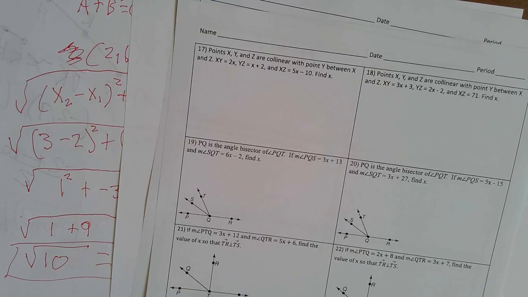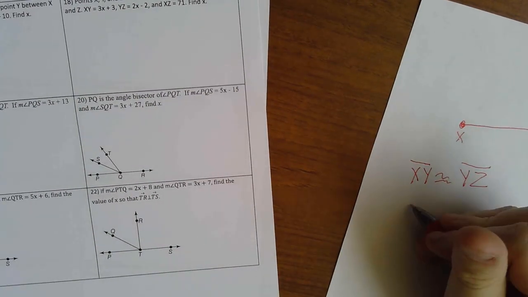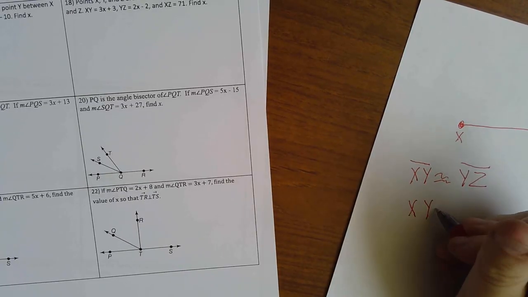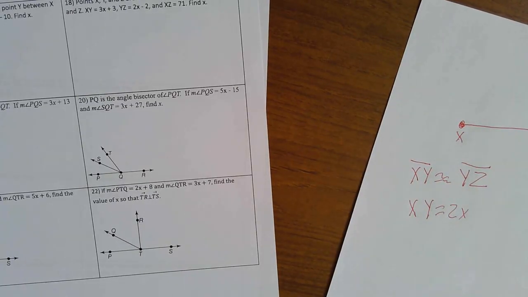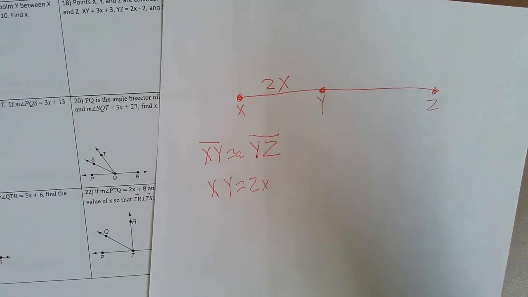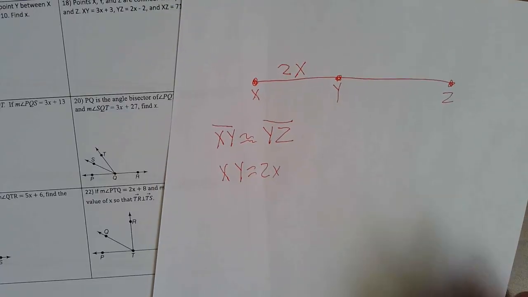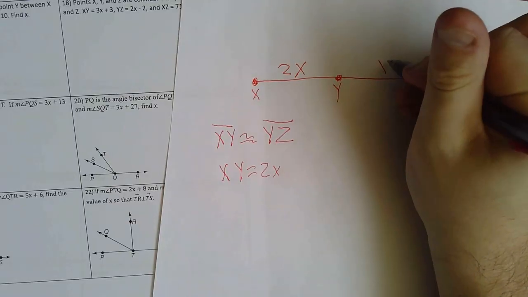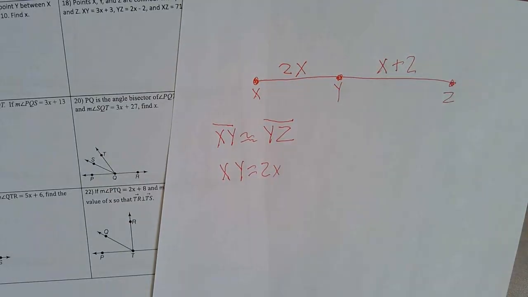Next thing it tells us is xy is 2x. So xy equals 2x. So I'm going to go ahead and label it up here as well, 2x. Perfect. It tells us that yz is x plus 2. All right. And it also tells us that the whole entire thing, xz, is 5x minus 10.